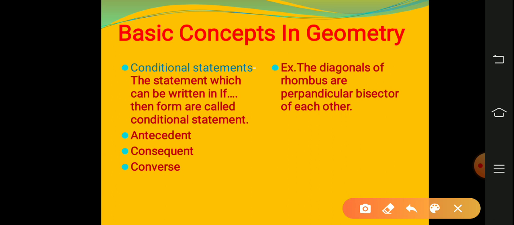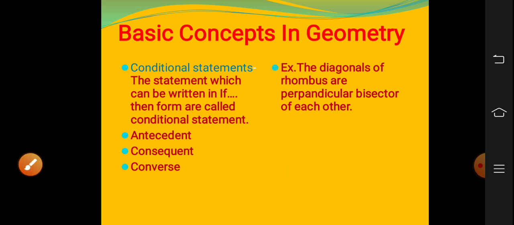In our given statement, we are given a rhombus, and you will notice that a rhombus is a type of quadrilateral whose all sides are congruent with each other. Such a quadrilateral is called a rhombus, and their diagonals are perpendicular bisectors of each other. These are the properties of a rhombus.